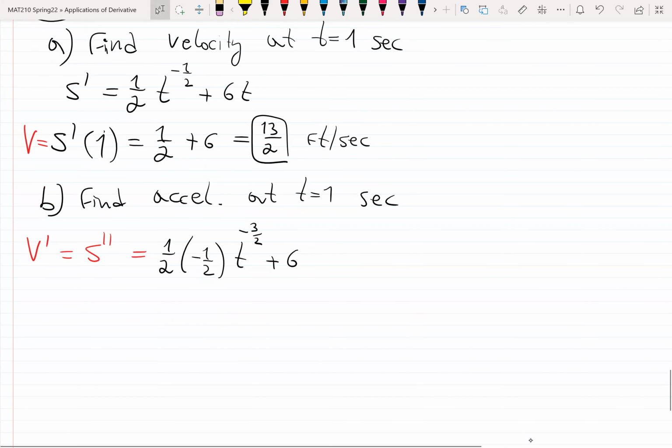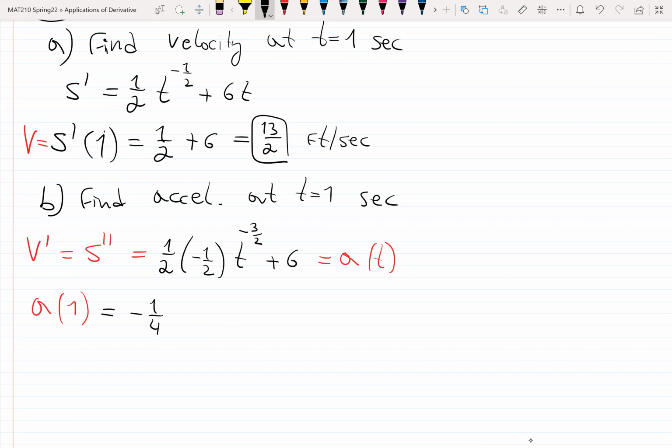And again, plug in 1. That is acceleration, by the way, at t. So A at 1 will be minus 1/4 because 1/2 times minus 1/2 is minus 1/4, plus 6. 24 minus 1 is 23. 23 over 4. I'm creating a common denominator in my mind. You can use a calculator if you want.